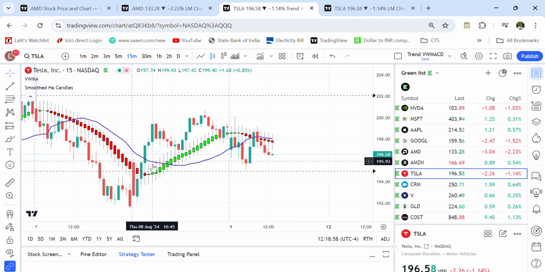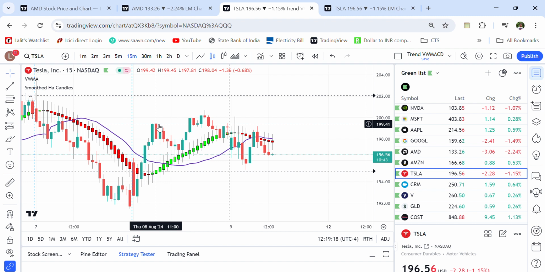Similarly over here, if you see, it crossed both the indicators, and here it did fail this time. For example, here it gave you an entry for the Tesla call side, but your stop loss would have been at 195.6.